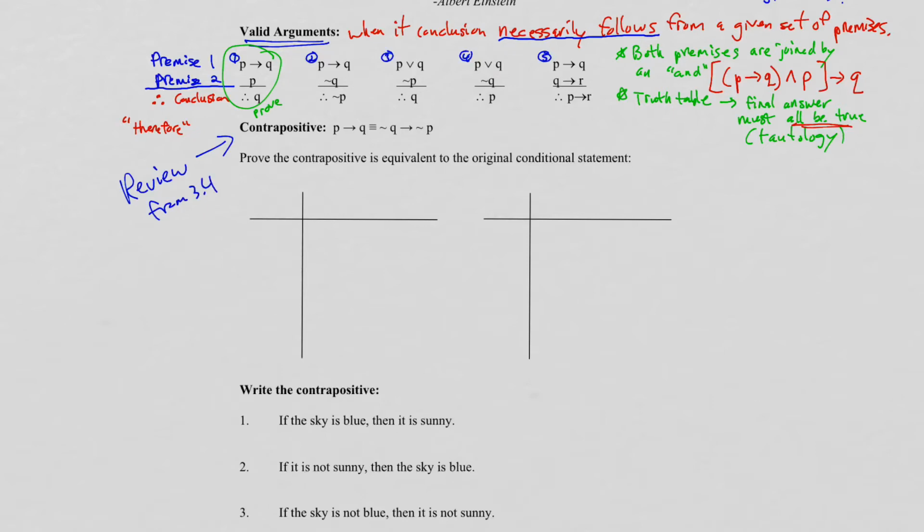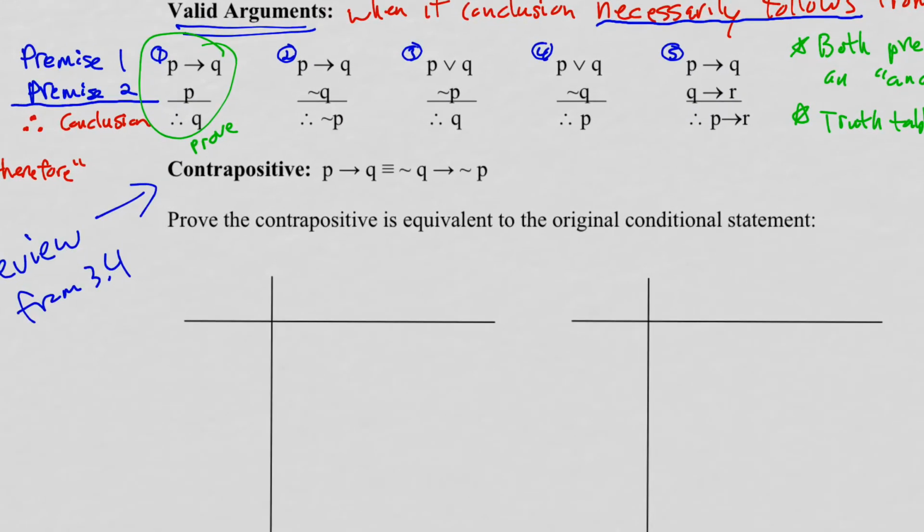The contrapositive says if P then Q, the equivalent statement, which means their truth tables match, is the negation of Q: if not Q, then not P.